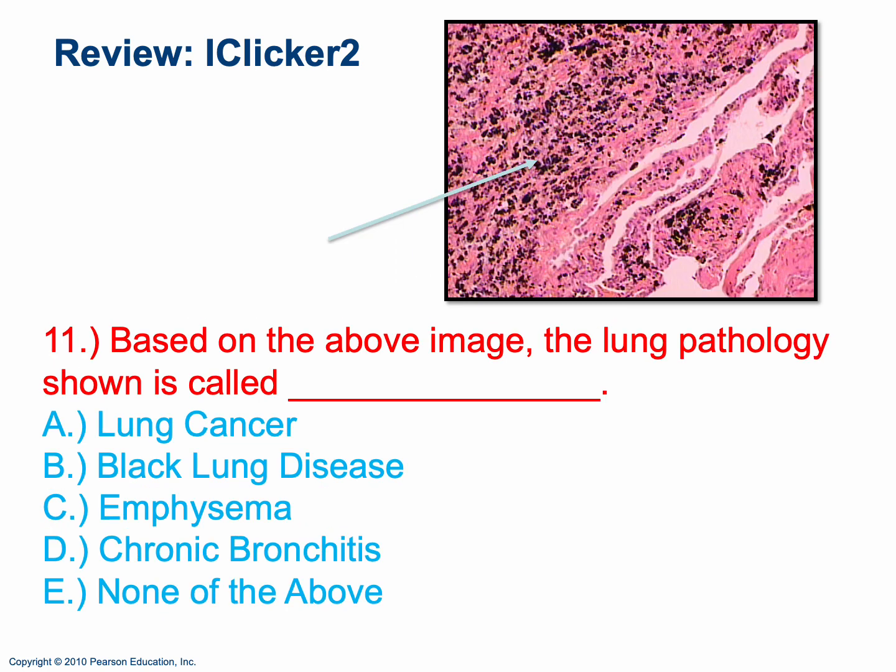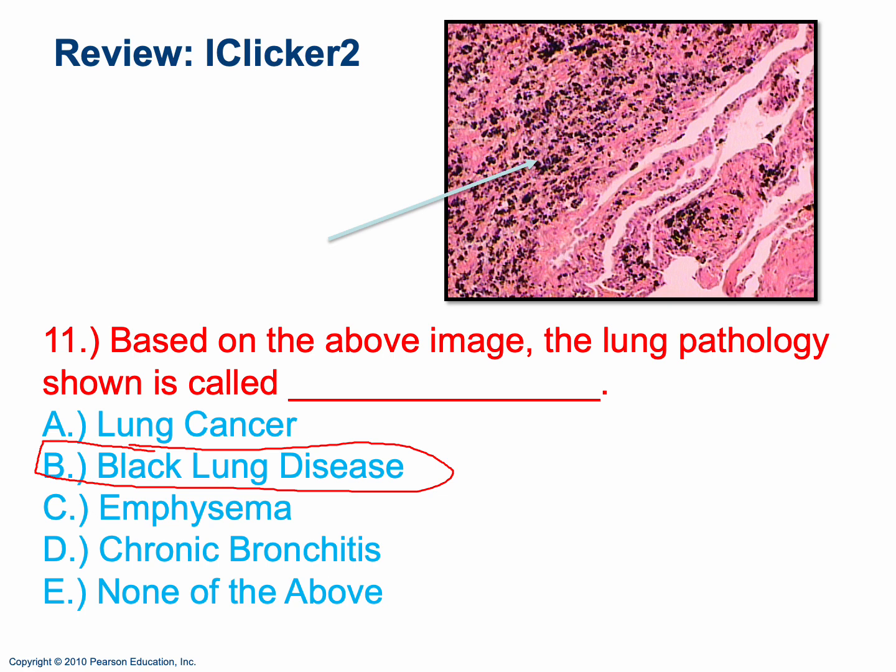Number 11 for review. Based on the above image, the lung pathology shown here would be called what? So what would be the correct answer here? All right. And the correct answer that I would go with, how about letter B? Black lung disease.